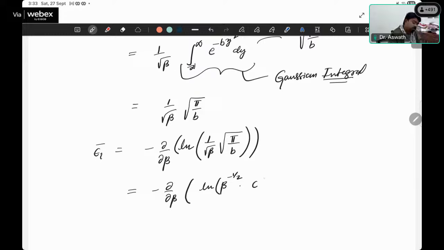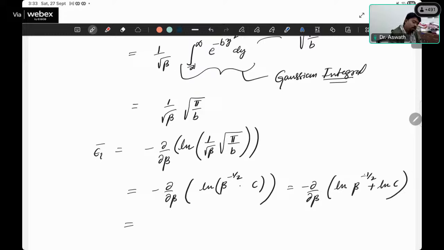So log of a times b is minus d by d beta of minus half log beta plus log c.